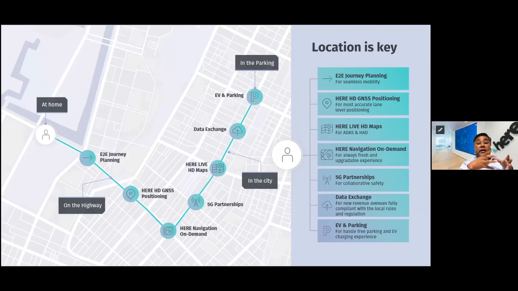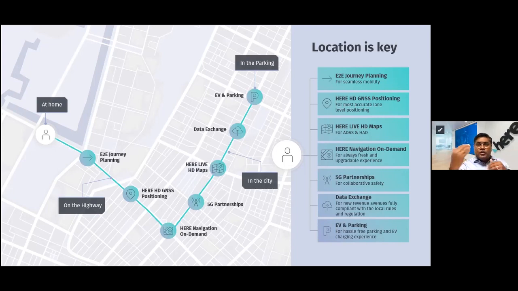Apart from that, definitely connecting with the infrastructure. There are standards like V2X, which is vehicle-to-everything connectivity, with which you connect to the outside world, so that while you're sitting in your car, your vehicle can communicate with the outside world. This leads to connectivity, giving you an experience, and also collaborates with the external world for your own safety.